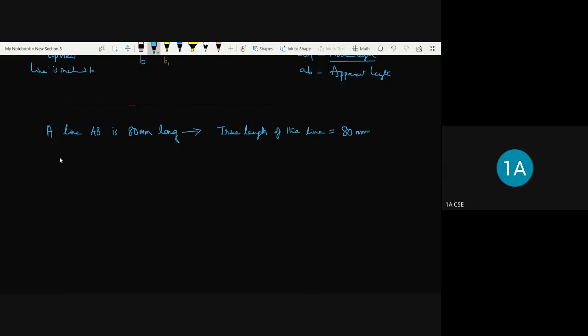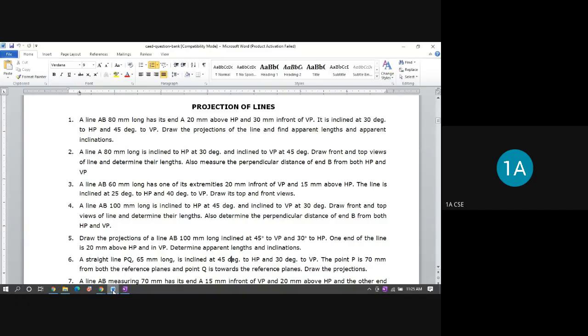And the end A is given with dimensions as well. End A is 20 mm above the HP and 30 mm in front of the VP.